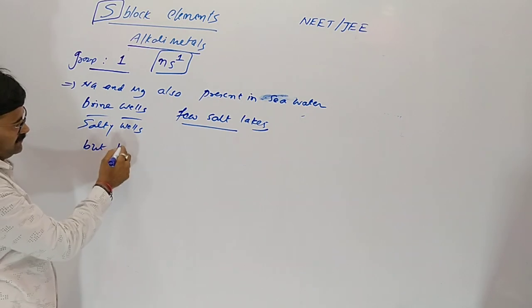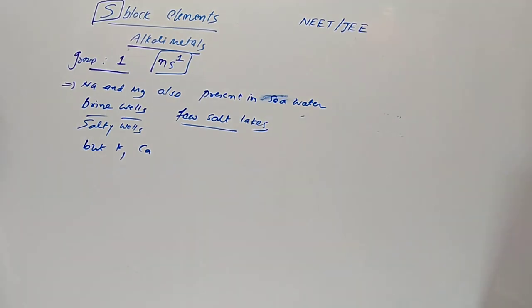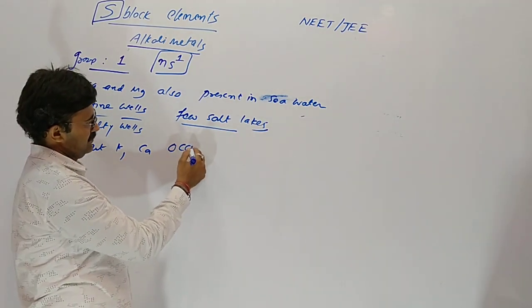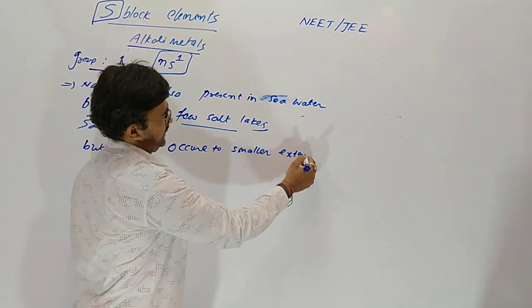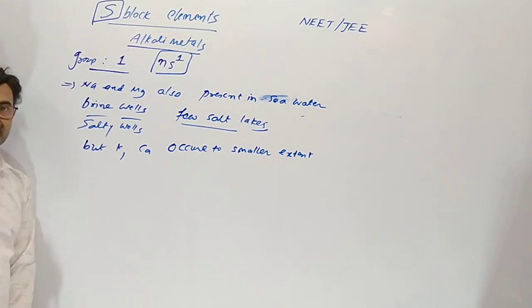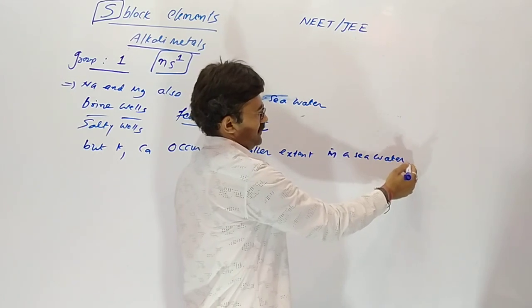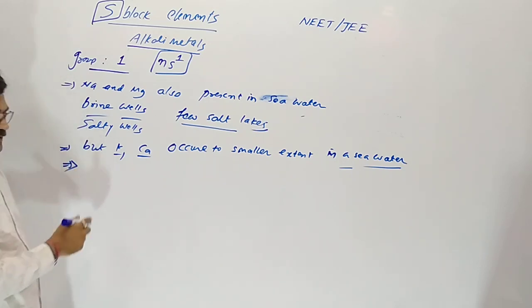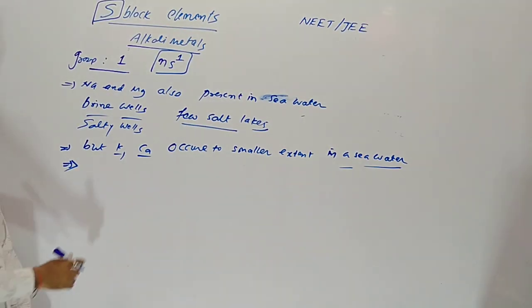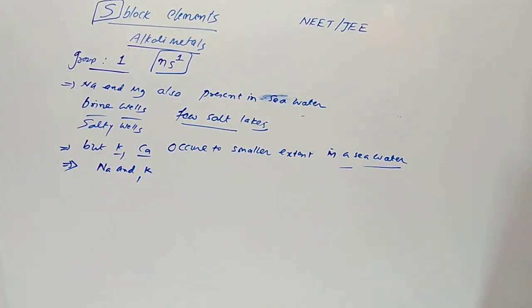But potassium and calcium occur to a smaller extent in sea water. In the sea, the amount of potassium and calcium is very less. Sodium and potassium in the earth crust are equally abundant.